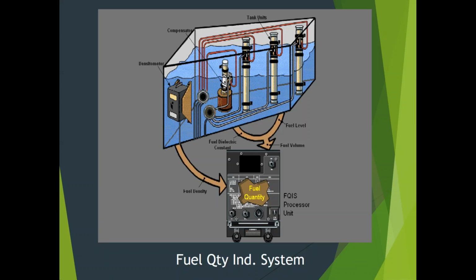These are going to give us a fuel volume, a fuel level, but on transport aircraft we want to know the fuel in pounds, and so these systems are going to convert a volume in a given space to a weight, or to the total pounds of fuel. And so you got to know the fuel density. And that all feeds into, in this case, they call it fuel quantity indicating system processing unit, which is a fancy name for fuel computer, which is what we always just called these, even though they have that name.